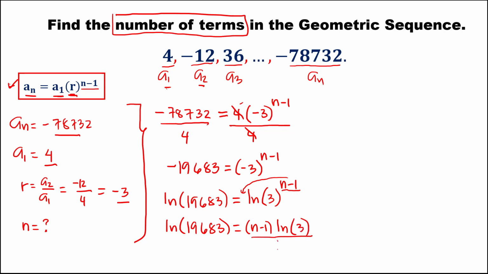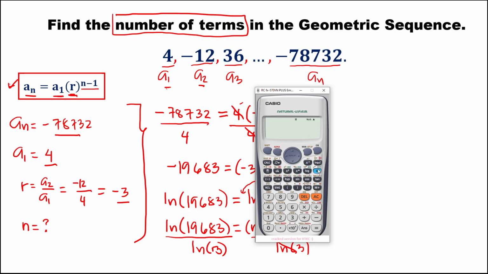Then divide both sides by ln 3, so cancel. So we have ln 19,683 divided by ln 3.